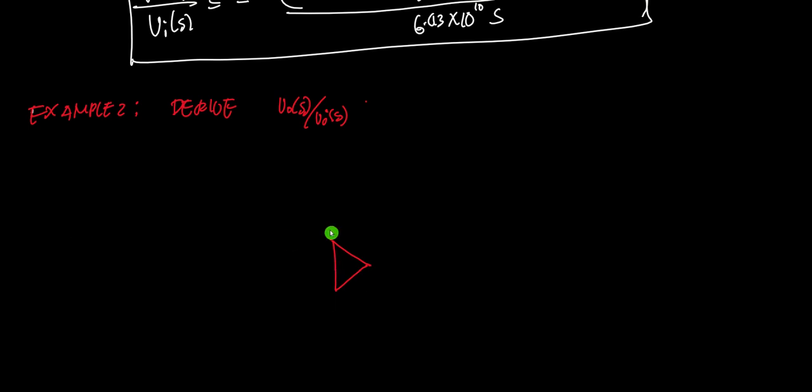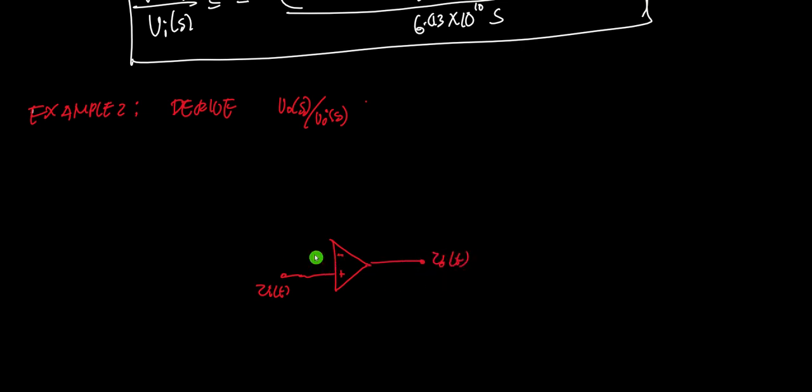It should be minus here, and this is plus. So this is non-inverting. The positive here is not connected to ground; it will be connected to our input, V input. And this will be our output, V output.